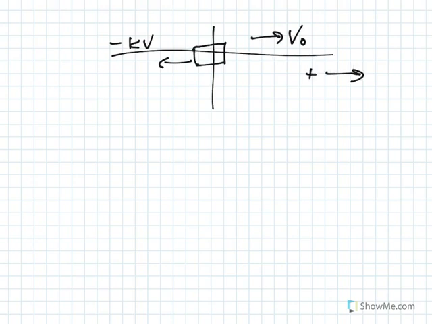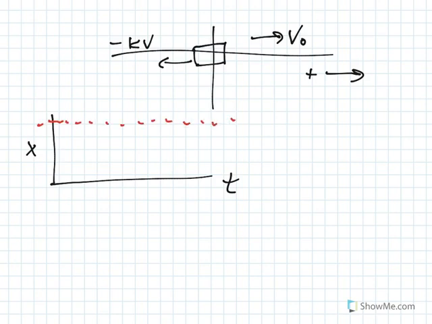This is the positive direction, towards the right. So position versus time. Well, it's moving in the positive direction as a function of time, but then it moves slower and slower until it finally stops. So that graph has an asymptote right here, which they may ask you to find. And that looks like this.